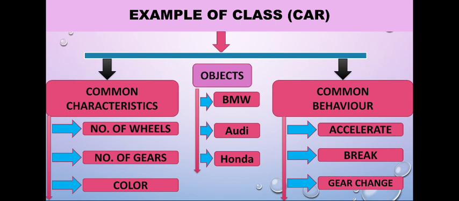All cars have these common characteristics, as well as common behavior like accelerate, brake, gear change. So all cars have these common behaviors. Now look at the objects: BMW, Audi, Honda. Now these objects will hold different sets of values for different characteristics.